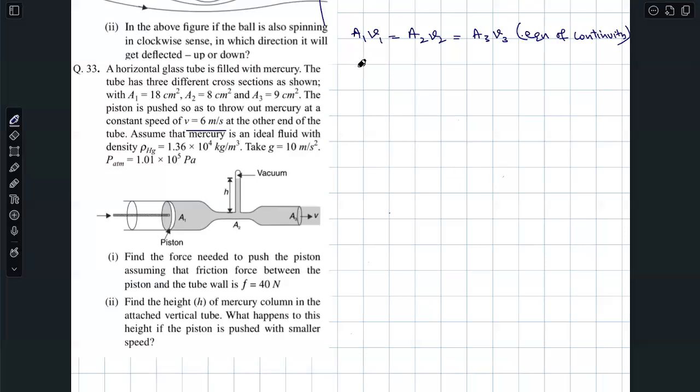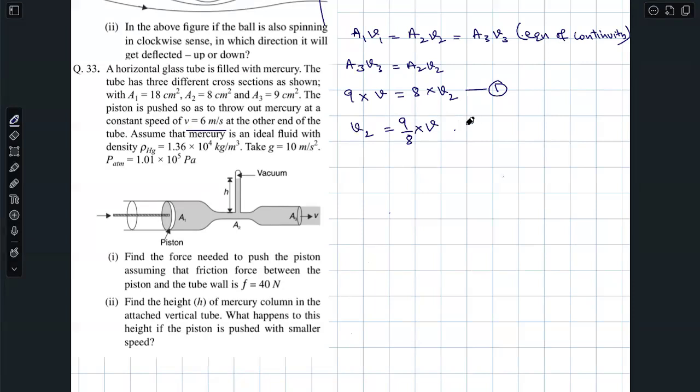Now from this I can say A3 V3 is equal to A2 V2. 9 into V is equal to 8 into V2. Equation 1. V2 is equal to 9 by 8 times V.